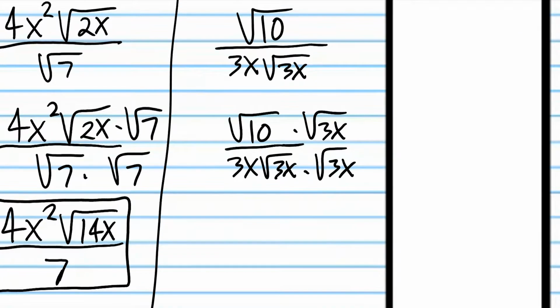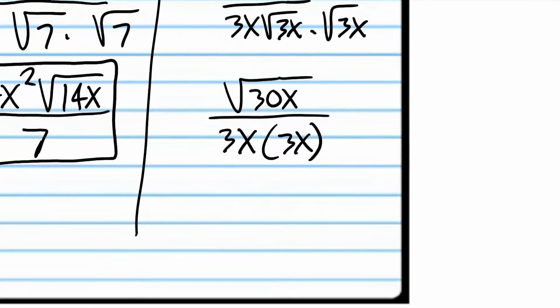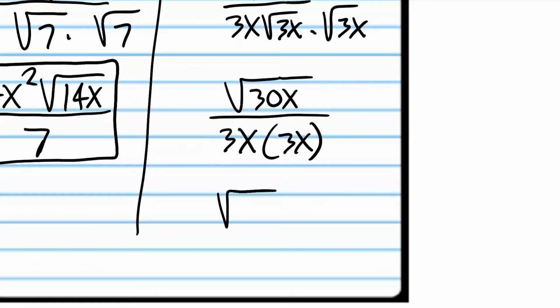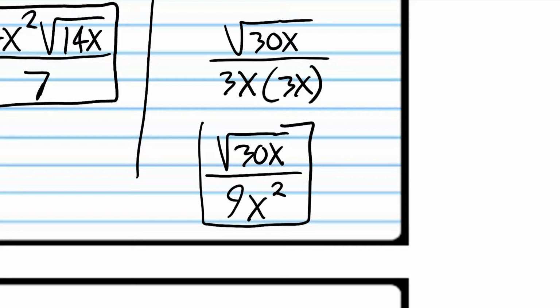And root 10 times root 3x is root 30x. And then we have 3x, and then these just make the root go away, and you're left with 3x. So now we have root 30x over 3x times 3x is 9x squared, and we're done.